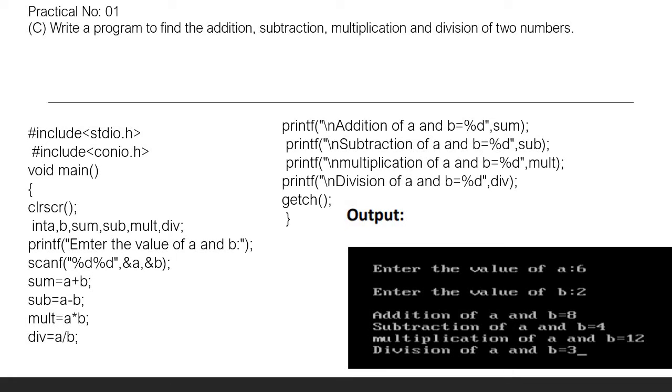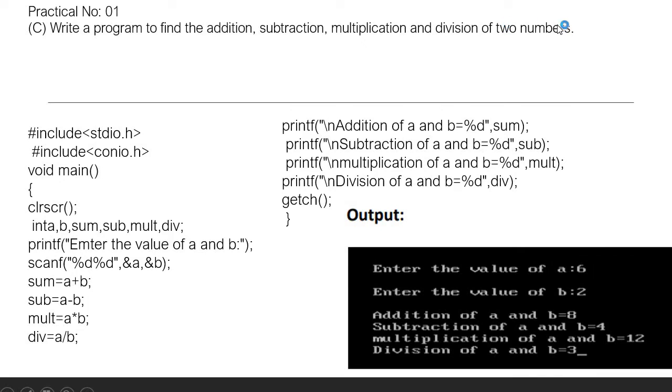Now over here we are using different types of variables, that is a, b, sum, then subtraction, multiplication and division. So these are the different variables, and all the variables are holding the integer data type. Now a and b variables I have put to enter the values for your addition, subtraction, multiplication and division.